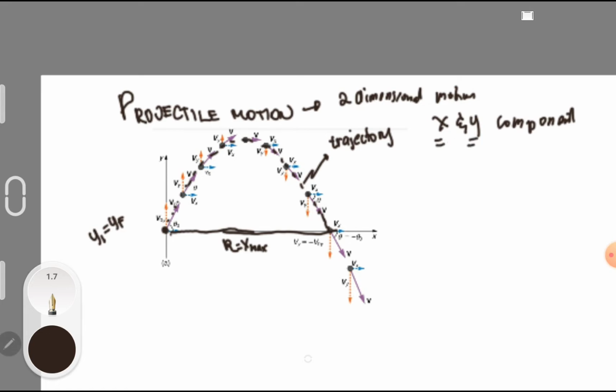So how will we analyze the motion of a projectile? Simple. It's like you are just analyzing the motion of a vertical and a horizontal motion separately.